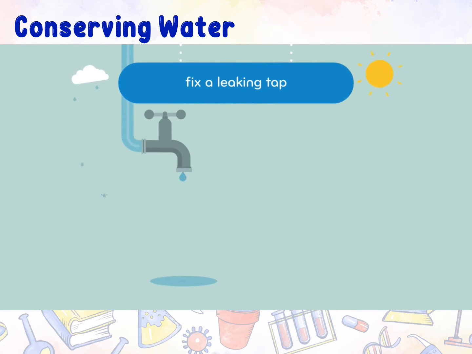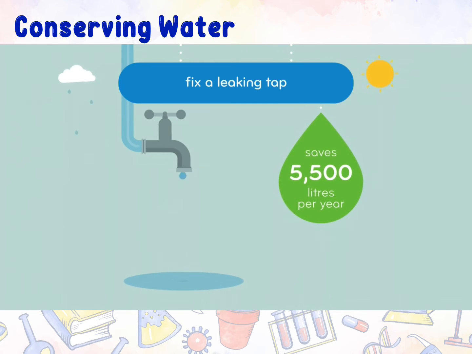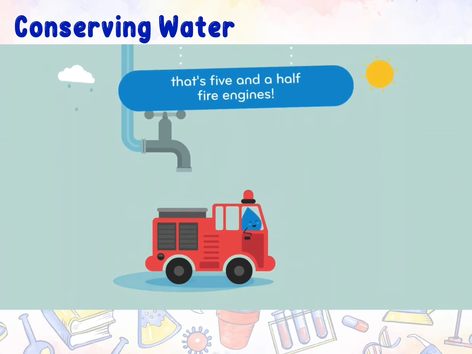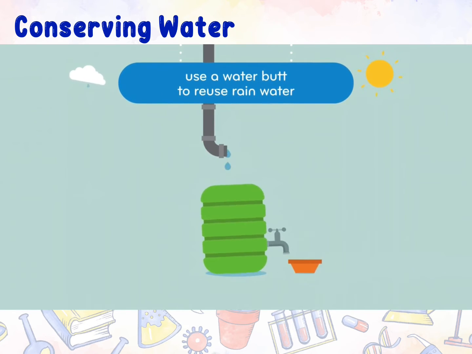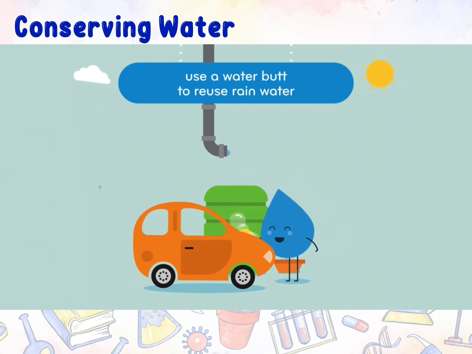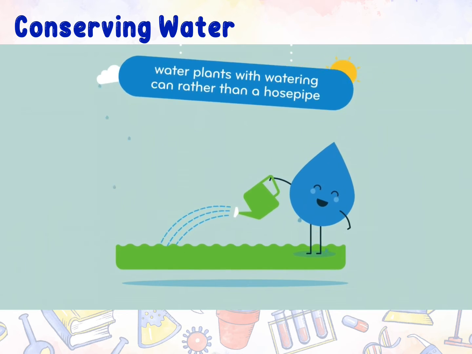If you see a leaking tap, you need to fix it. Why? Because each drop it will save, it's 5,500 liters per year. And that's 5.5 fire engines. Also, collect the rainwater and reuse it. You can use it to wash the cars, to water the plants, to wash the driveway. You can use it for so many purposes if you collect this rainwater.